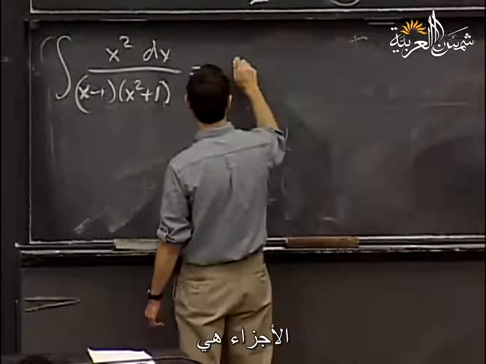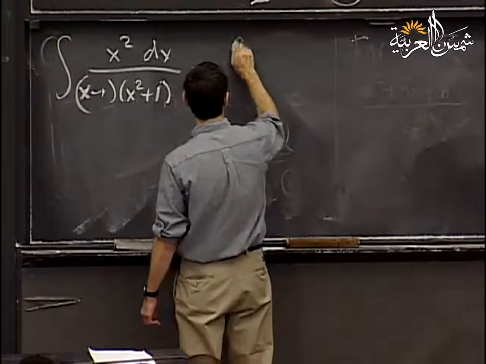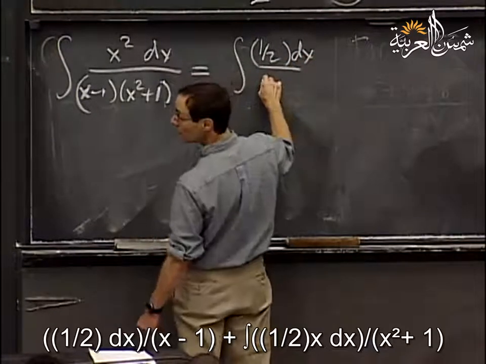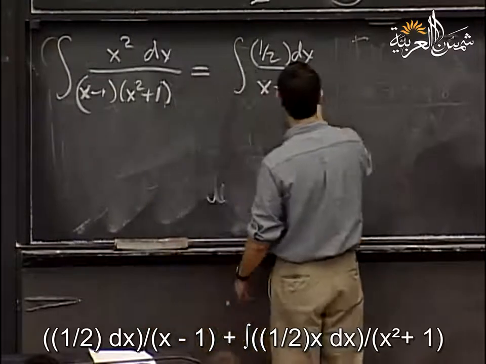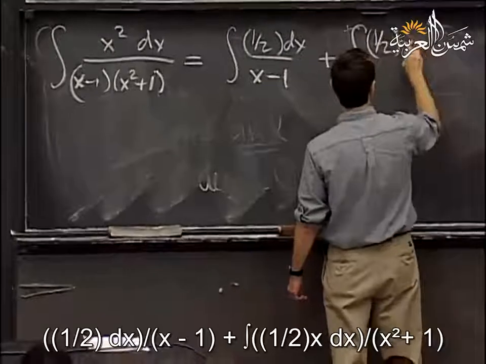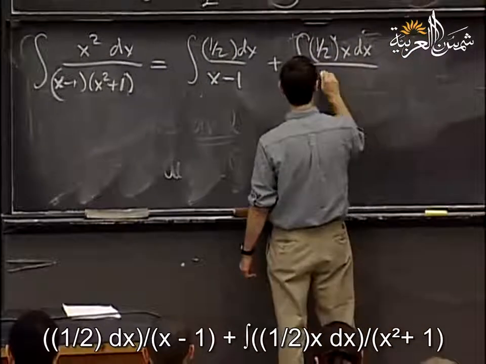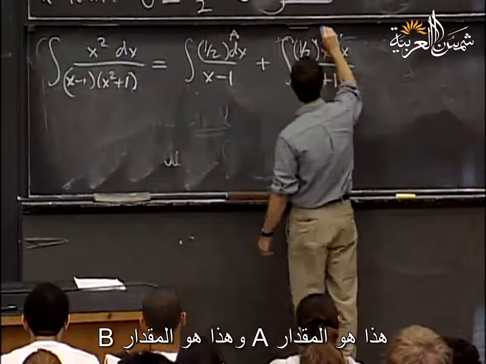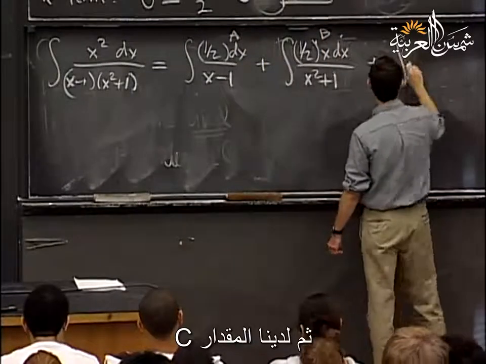So what are the pieces? The pieces are a half over x minus 1, plus a half x over x squared plus 1. Right? This is the a term, this is the b term, and then there's the c term.